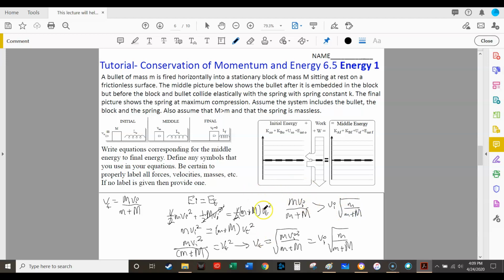I know I did that equation-wise, and I wanted to do this to illustrate it. This is the bullet. This is a block of wood.